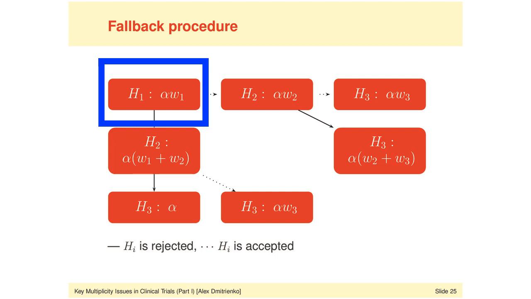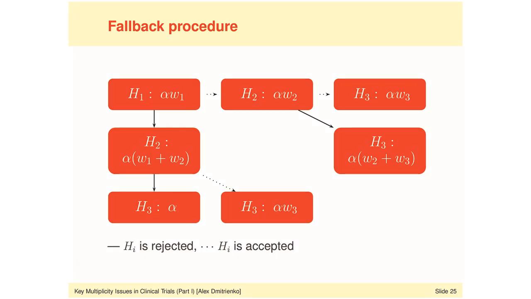For H2, there are 2 different options. They depend on whether the hypothesis H1 is rejected or accepted. We would need to follow either a solid arrow, which corresponds to the case when the hypothesis is rejected, or the dotted arrow, which corresponds to the case when the current hypothesis is not rejected.